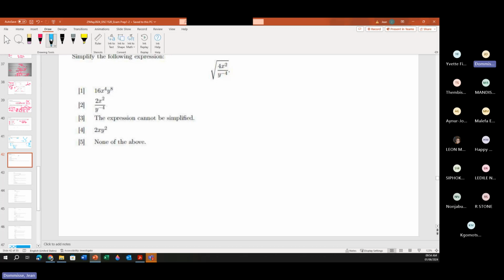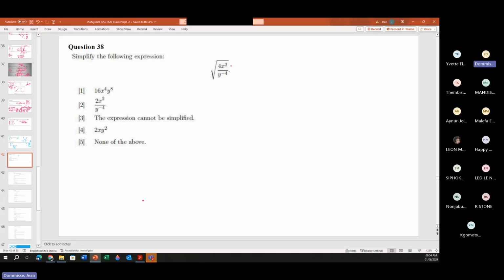So let's quickly, okay, 4x to the power of 2 divided by y to the power of minus 4. And what we are looking at is then the root of that.